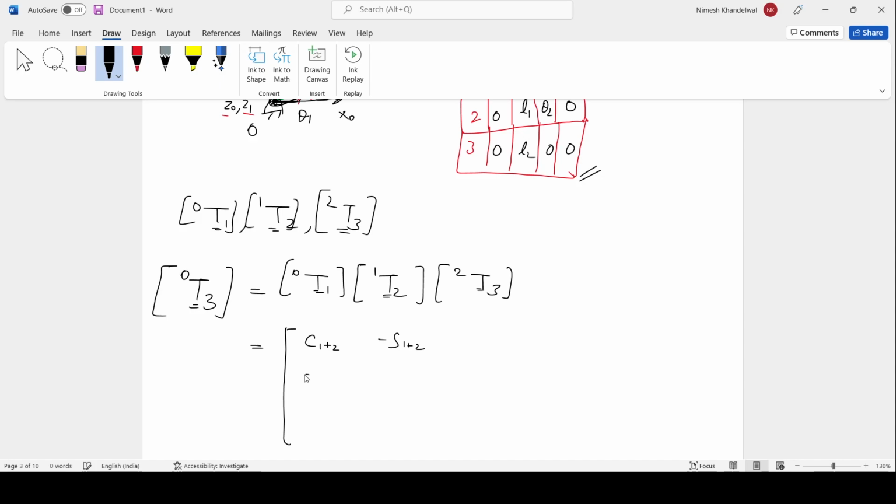Okay, I have abbreviated some things here. I will explain what they are once I finish writing. 0, 0, 0, 1, the common things, and then there is L1 C1 plus L2 C 1 plus 2, and then L1 S1 plus L2 S 1 plus 2, 0.